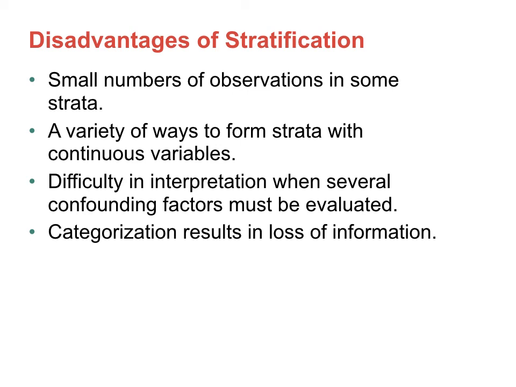And categorization results in a loss of information. By taking age, for example, and looking at all 20-year-olds or 21-year-olds versus people who are 20 to 30, there are going to be some differences in that age group. That might be helpful if we put them together, or it could hurt our results and the interpretation of those results.